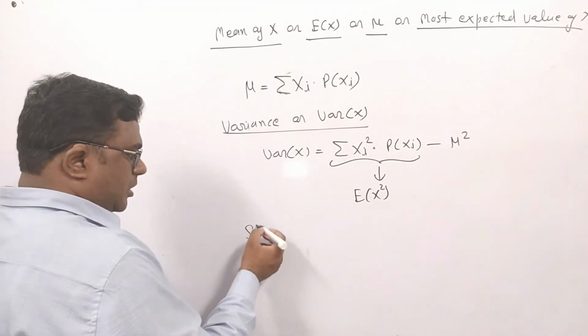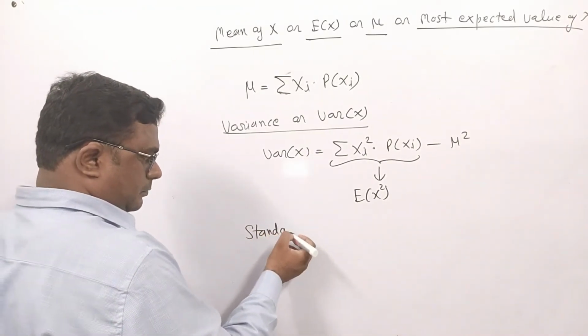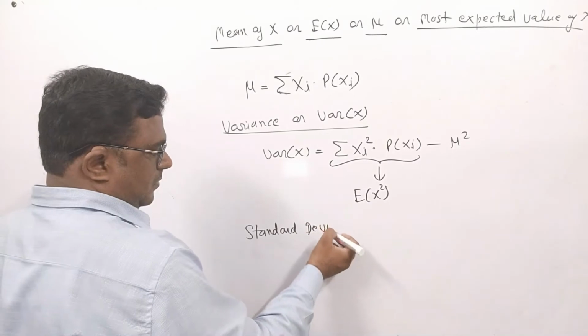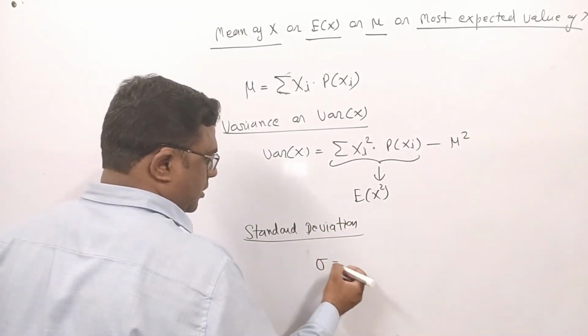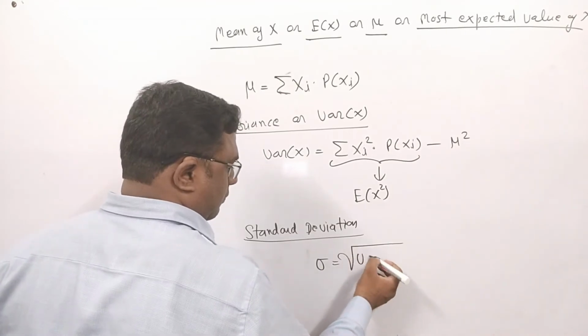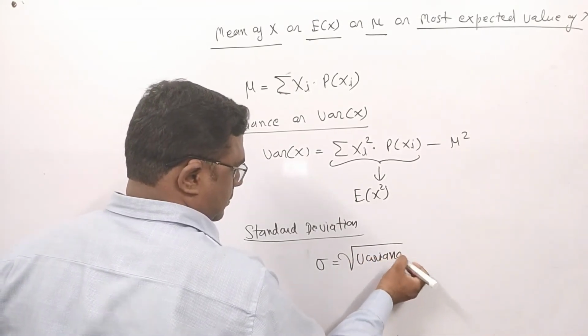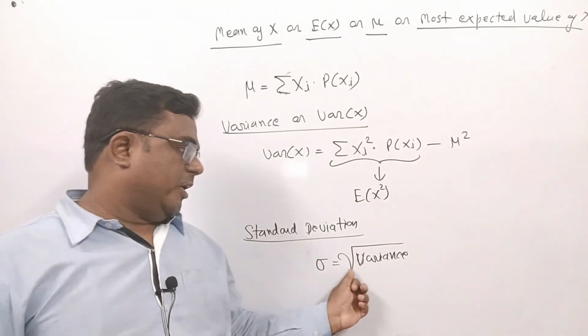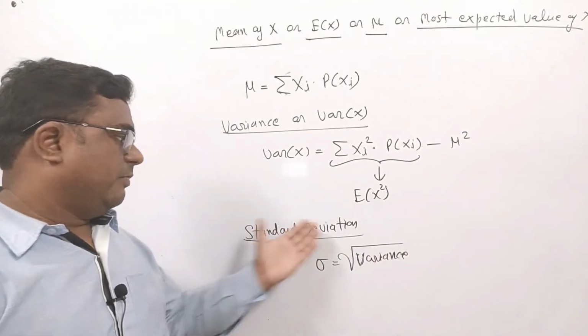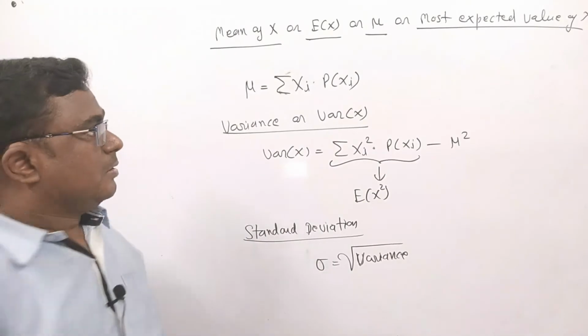The third formula is of standard deviation. Standard deviation is equal to the square root of variance. So if you know the value of variance, then simply calculate the square root of variance and you will obtain the value of standard deviation.